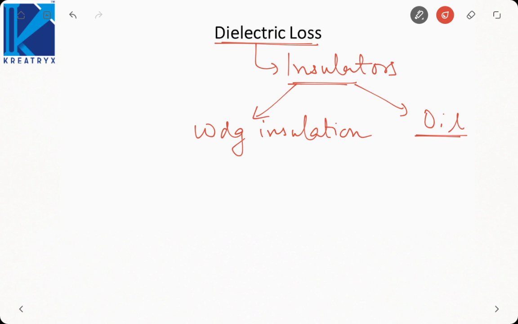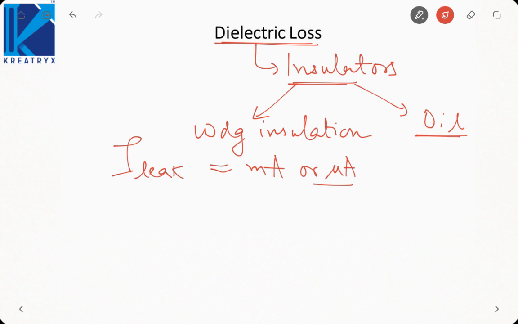Now what is the main reason behind the dielectric loss is that no insulator is perfect. None of the insulator can guarantee that there will be zero current through it. Always through an insulator, the resistivity is very high, the resistance is very high, but still there is a leakage current through the insulator. That leakage current may be in the order of milliampere or microampere.